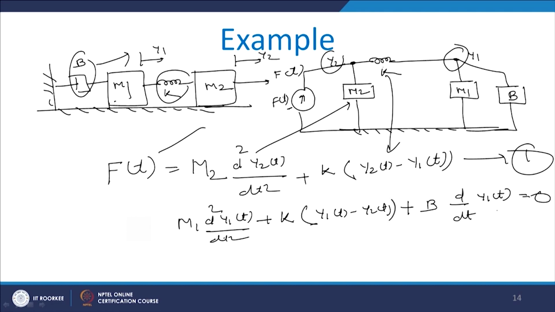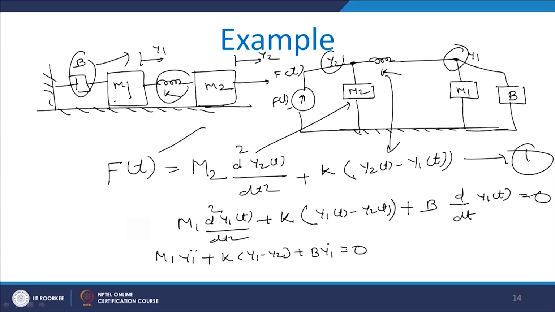Okay. So these are the equations. Now we write this equation in terms of m1 y1 double dot plus k times y1 minus y2 plus b y1 dot equals 0.